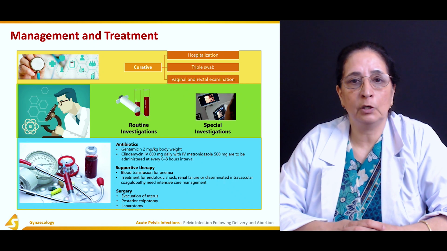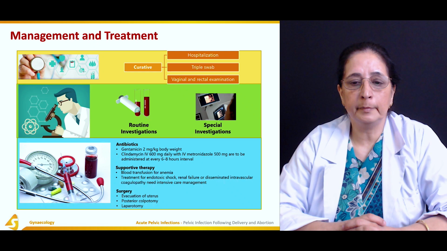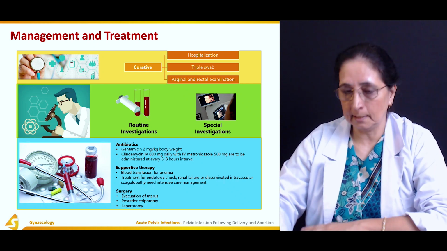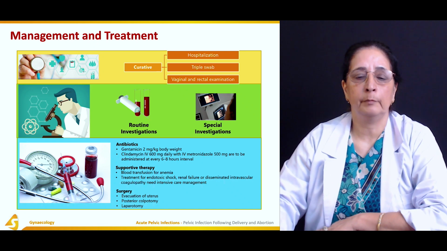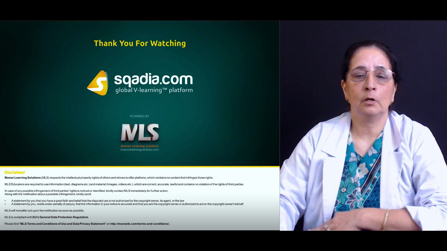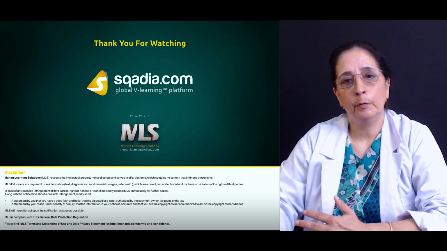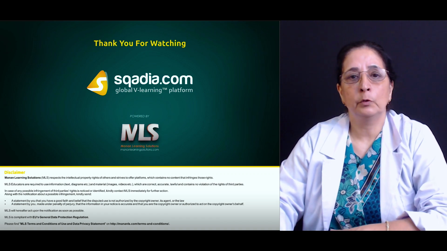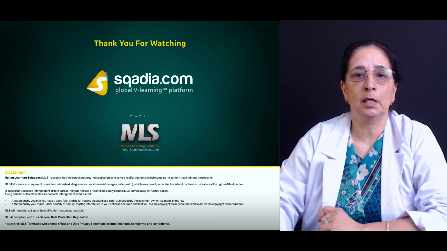Surgical procedures that can be performed are evacuation of the uterus, posterior colpotomy, and laparotomy. So that was all about the management and treatment of post-abortal and postpartum pelvic infections. Thank you for watching sqadia.com.